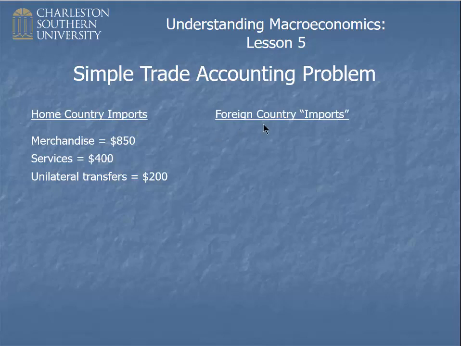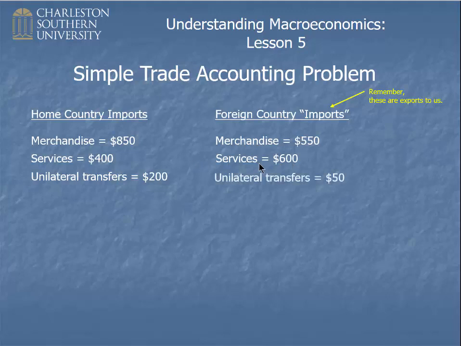Now remember, when the foreign country imports, from our perspective over here in the home country, that would be exports to us, right? So the foreign country imports $550, or put another way, we exported $550 to them, and they imported $600 of services, which means we exported $600 of services to them, and they sent $50 of unilateral transfers back to us.